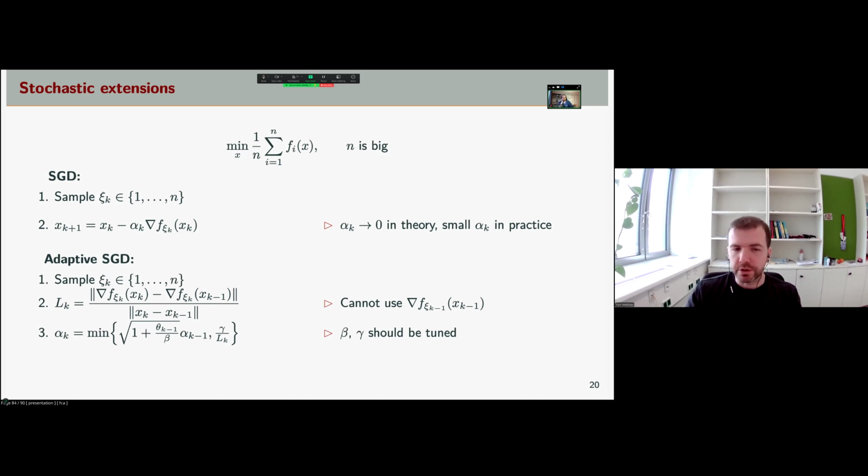Then we estimate alpha_k basically in the same way as before, but we introduce some parameters beta and gamma, because we are going to do experiments with neural networks. Obviously, we would like to have some way to tune something, because it's not clear what's going on. That's why we would like to have some flexibility. Again, we don't have any guarantees for this kind of stuff, but why not try it?